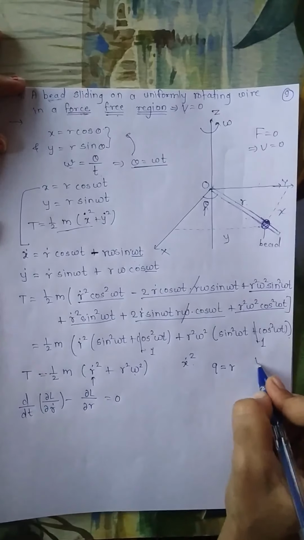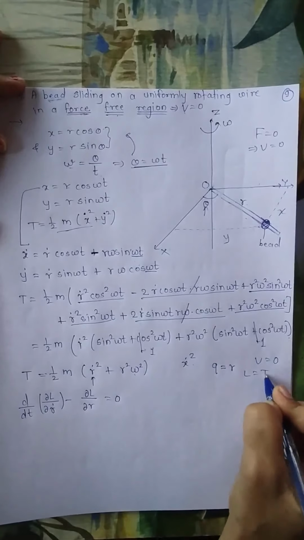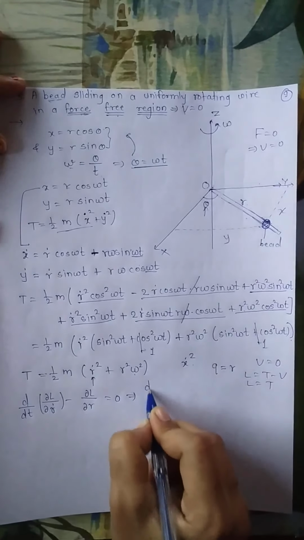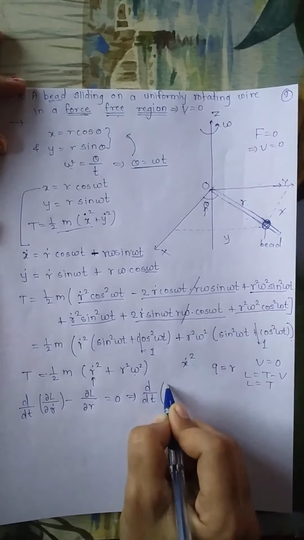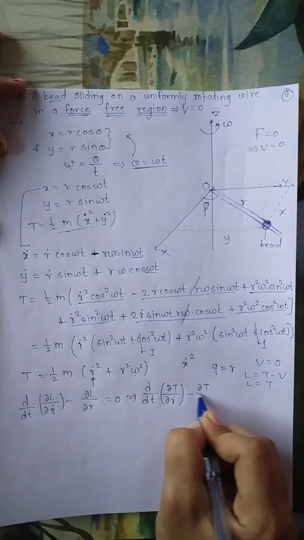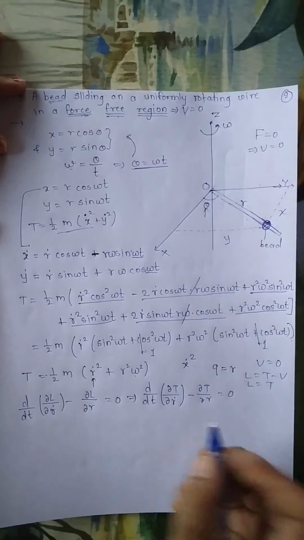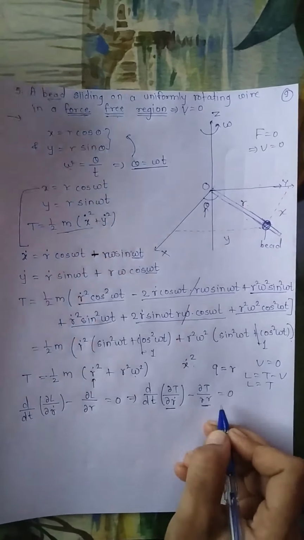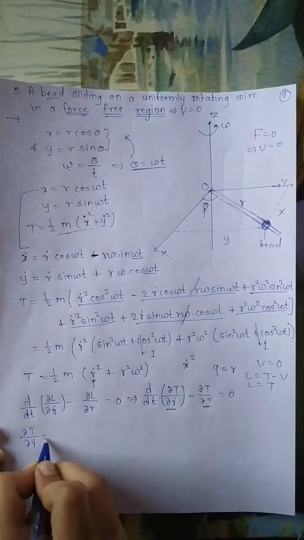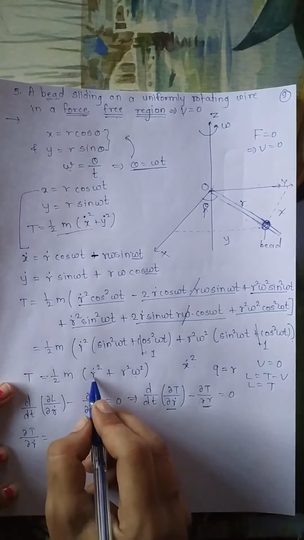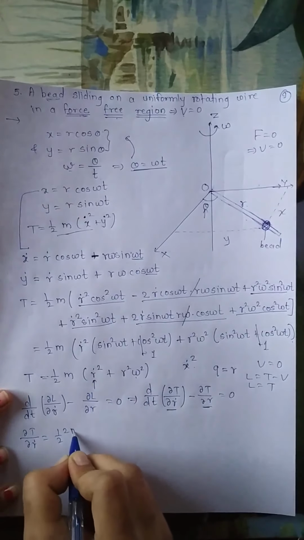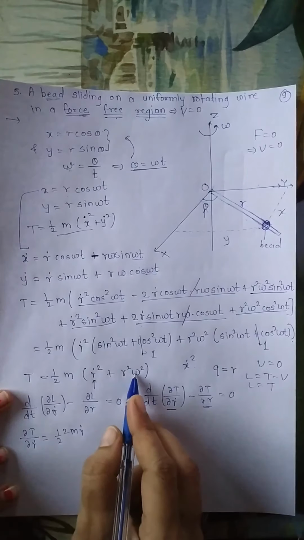But since V is also 0, L is T minus V, so L equals T. This implies d by dt of dou T upon dou r dot minus dou T upon dou r equals 0. Let's find these two terms.